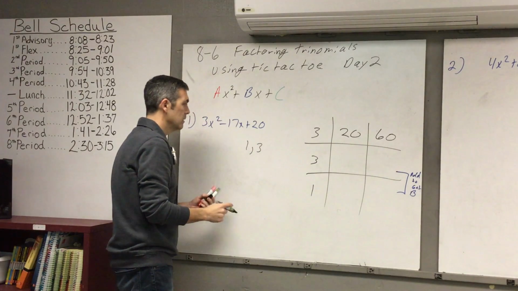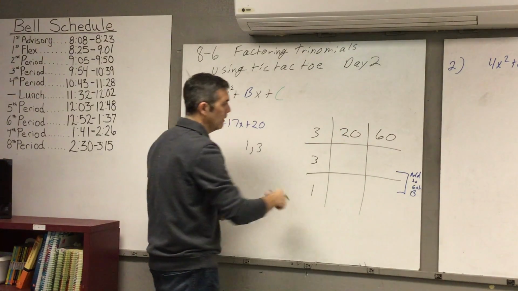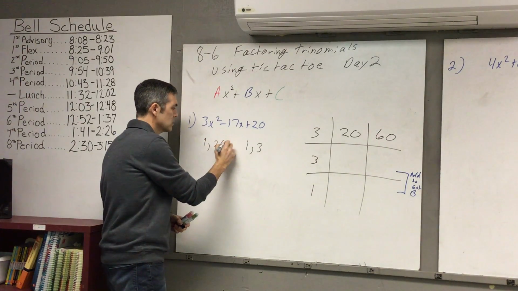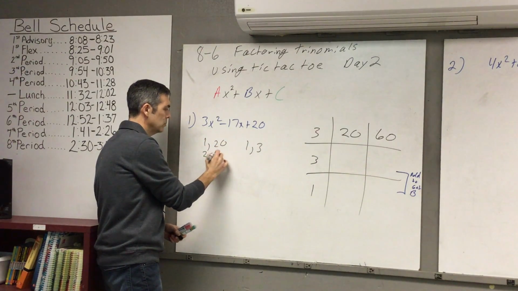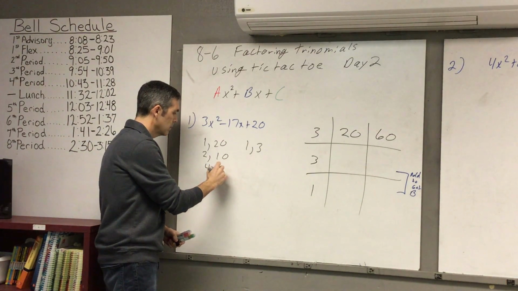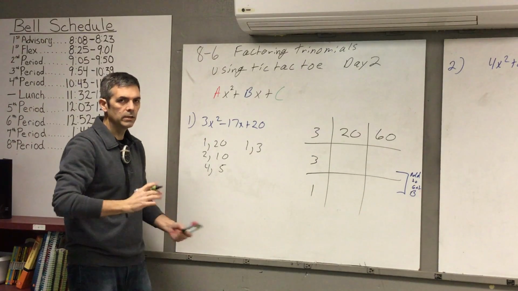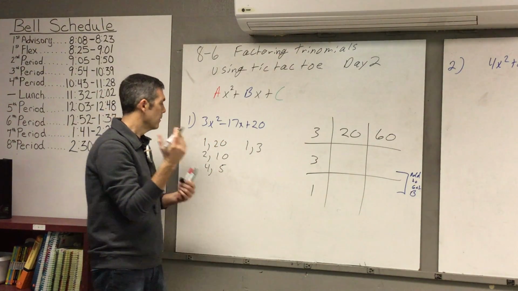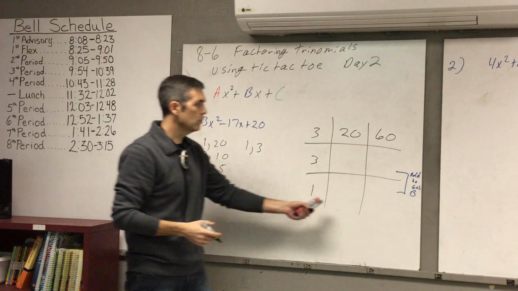Okay? But when we're looking at 20, now we have different pairs that will do this. We've got 1 and 20, 2 and 10, and 4 and 5, and all of these will multiply to get 20. All right, so we've got to figure out which ones go in here.